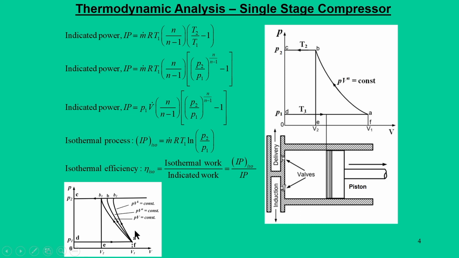So we can think of two extreme processes, one is the isothermal process A B 1, the other is the isentropic process A B 2. The area under the P v diagram shows that the isothermal process gives the minimum work, whereas the isentropic process gives the highest work.